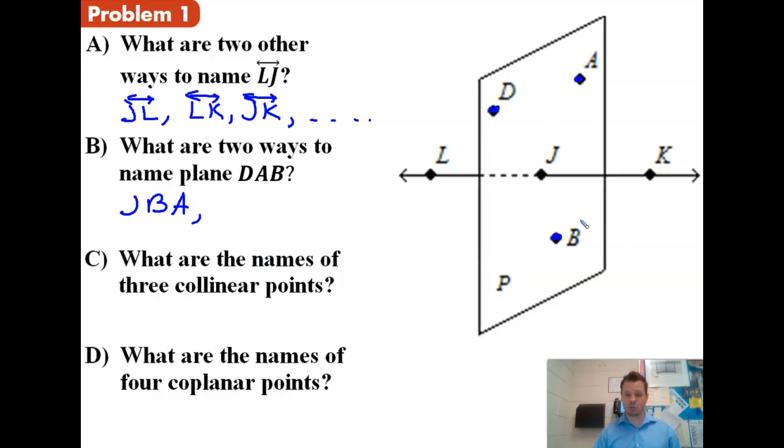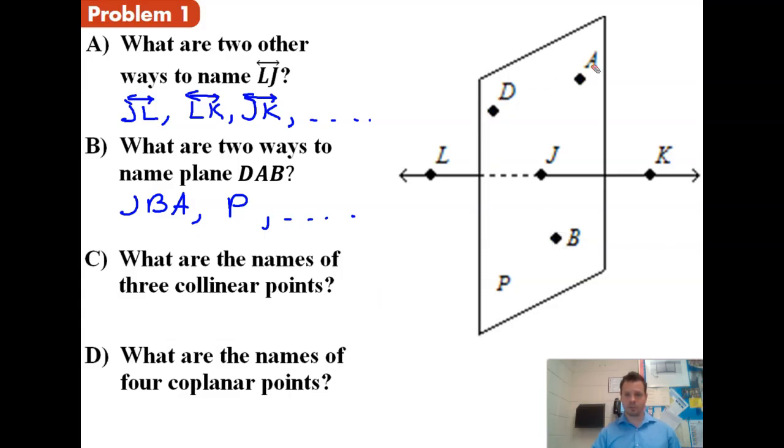Any 3 of the 4 points in any order is going to work. The other thing I can do is notice there's a P here floating by itself, not attached to a point. What that means is we could also call this plane P. Those are 2 ways of naming a plane: 3 points on the plane, or just a capital letter attached to that plane. Again, there's a bunch of other ways to do it. We don't have to have the same one. We can still get the right answers.